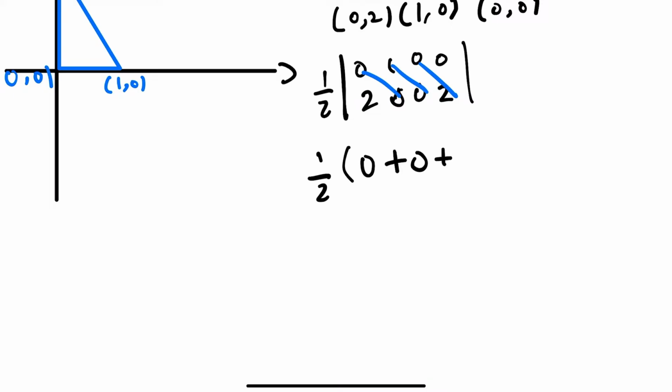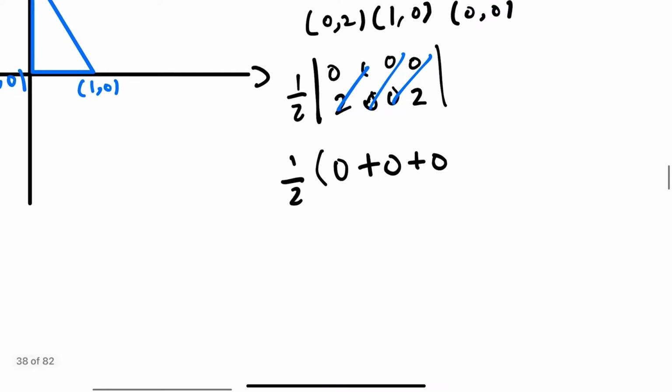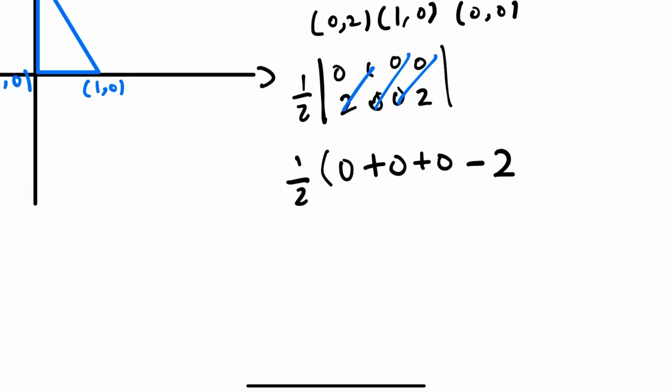Now we're going to multiply the other way, this way. But this time we're going to subtract. So 2 times 1, 0 times 0, 0 times 0.